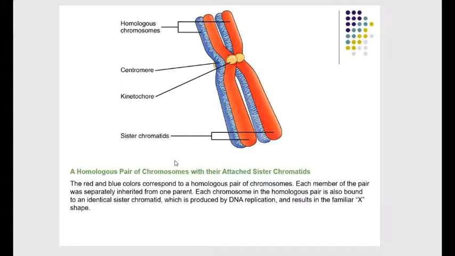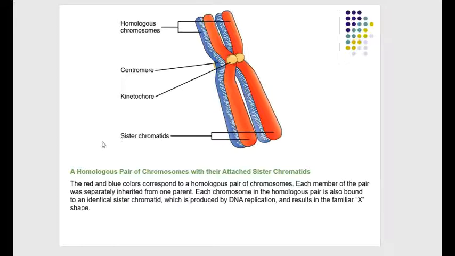So let's talk about the genetic material, because that is the most important part of the cellular replication during cell division. We need to duplicate the genetic material so that each new daughter cell has the same genetic material that its parent cell had, okay?